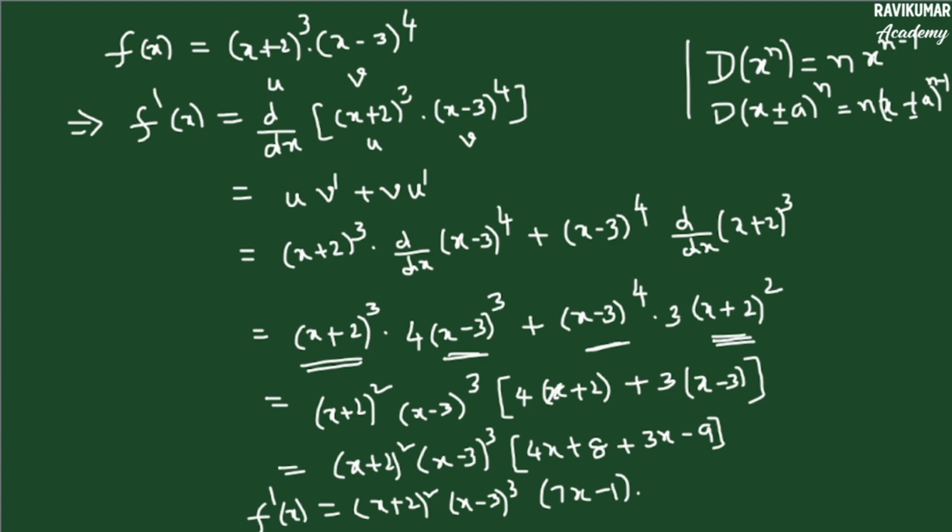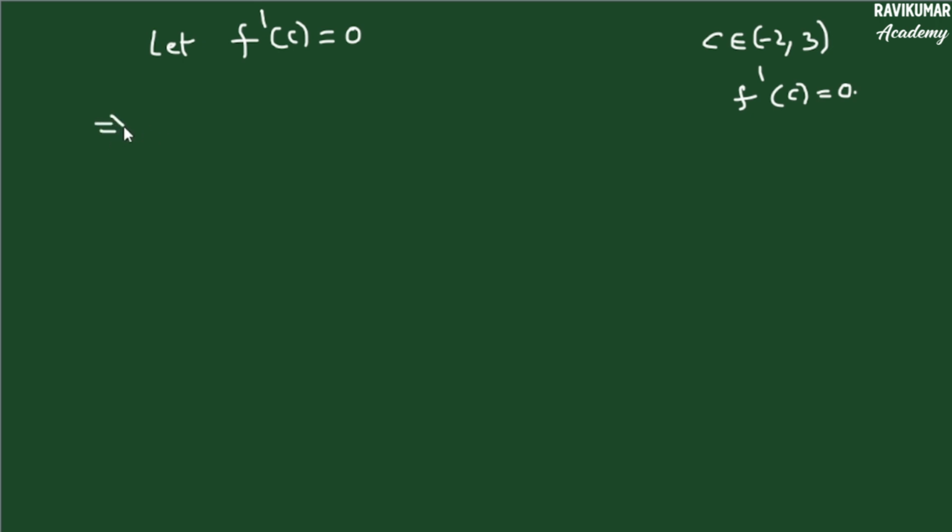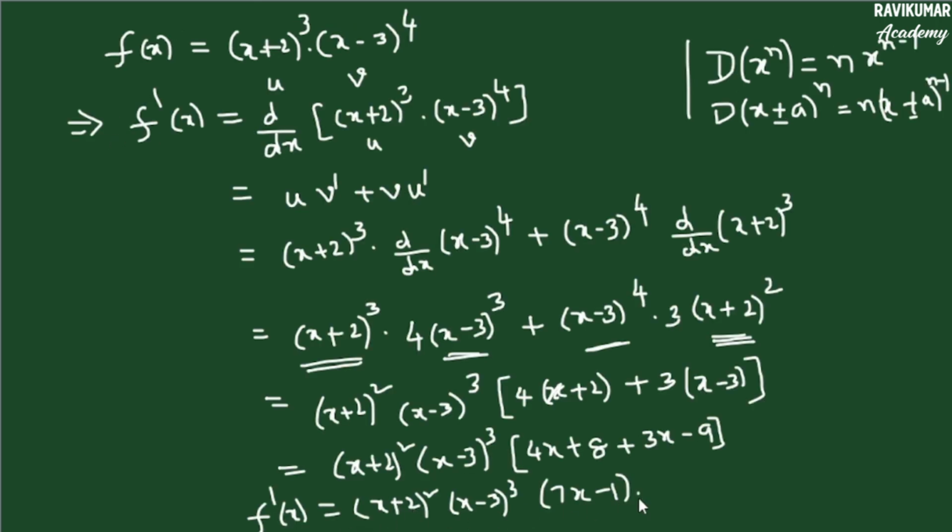Once you find the derivative, what we are expecting is that we should be able to find a c in (-2, 3) that satisfies f dash c equal to 0. So we start with f dash c. Suppose f dash c is equal to 0 for some c in (-2, 3). Substitute x equal to c in f dash x.